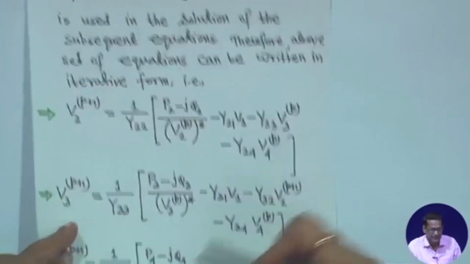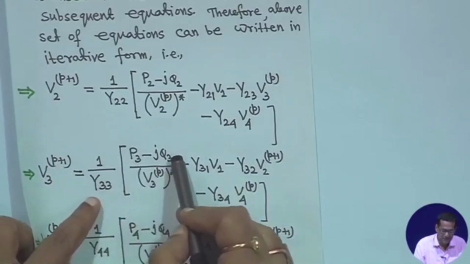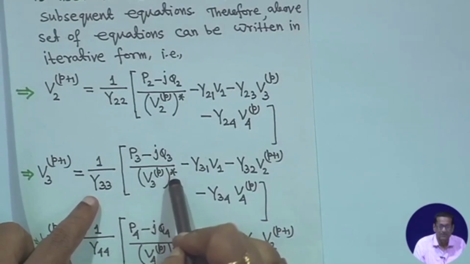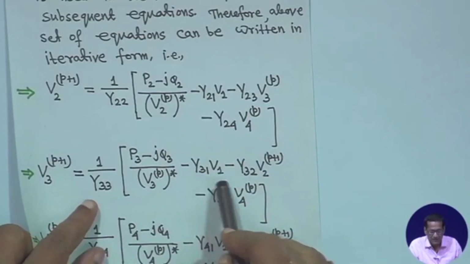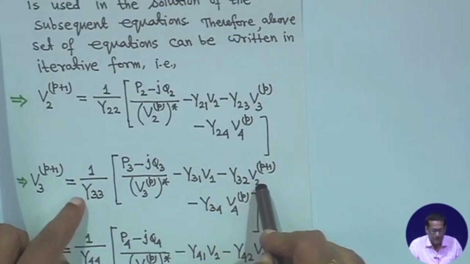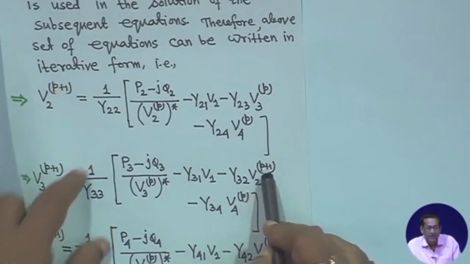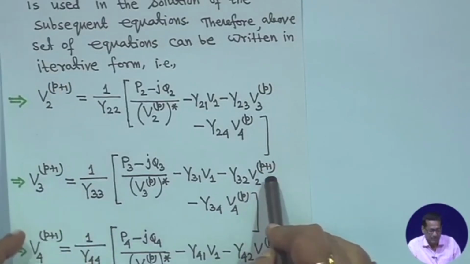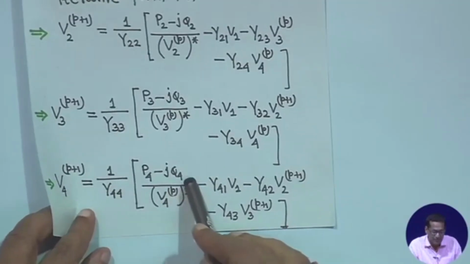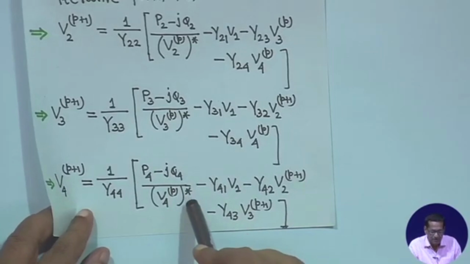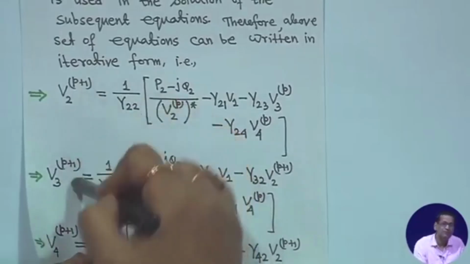In the next iteration, V3^(P+1) is 1 upon capital Y33 times (P3 minus jQ3 over V3^P conjugate, as I told for V2, minus capital Y31 V1 minus capital Y32 V2). Do not write V2^P here, because V2^(P+1) is already computed, so it will be V2^(P+1). Similarly, V4^(P+1) equals 1 upon capital Y44 times (P4 minus jQ4 over V4^P conjugate), and here V2^(P+1) and V3^(P+1) have both been computed.